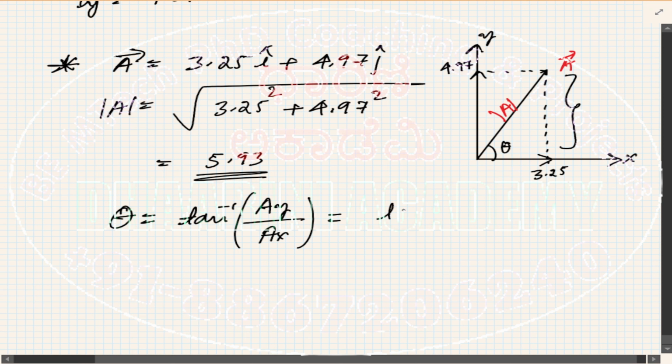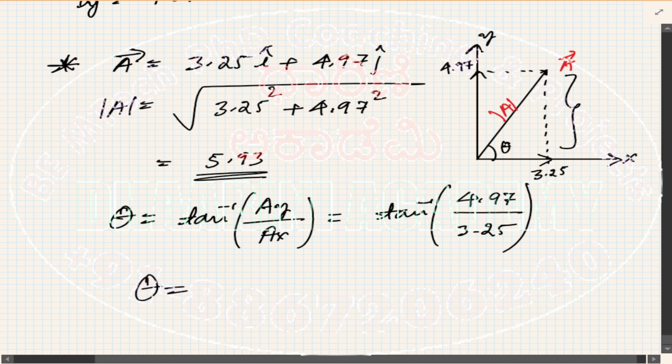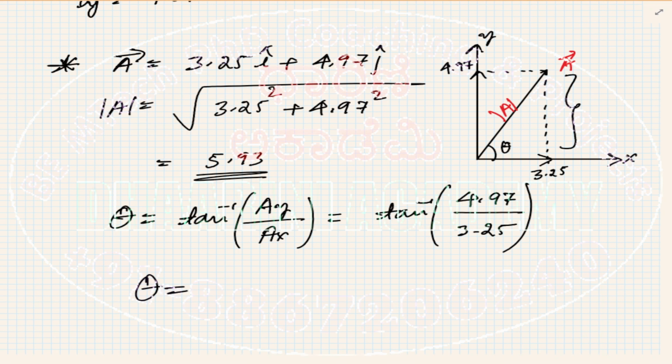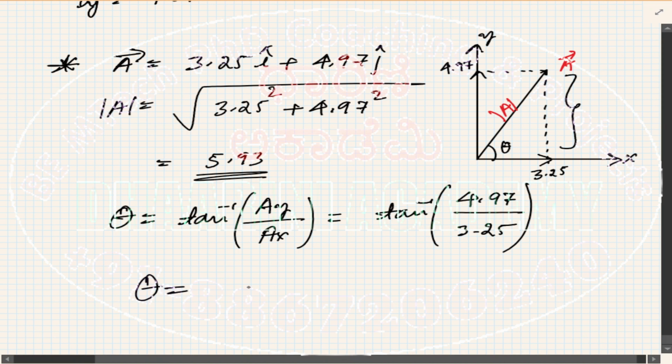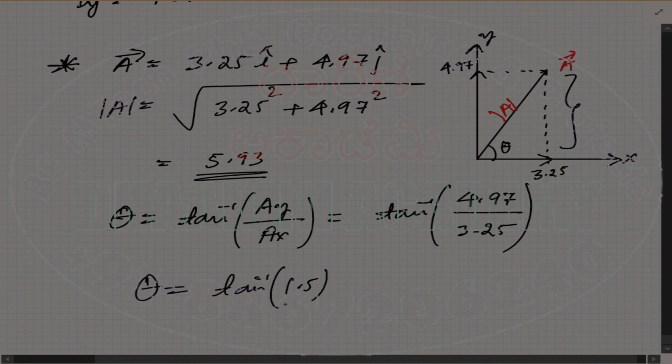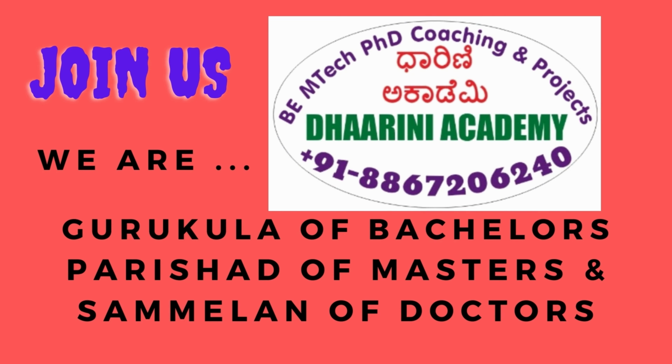The Y component is 4.97, the X component is 3.25. This is equal to tan inverse of 1.5.